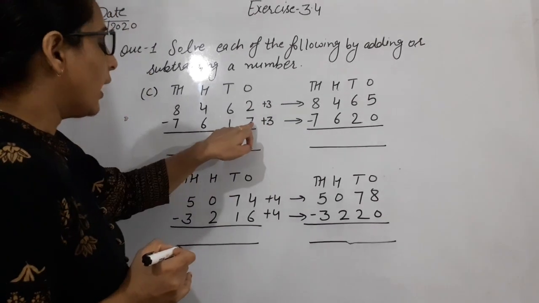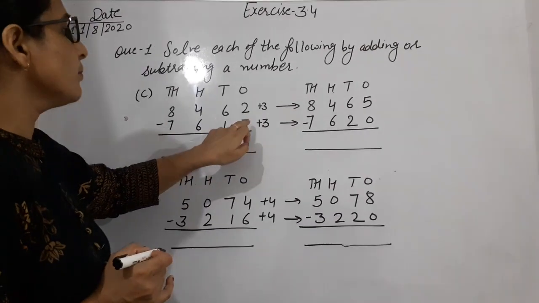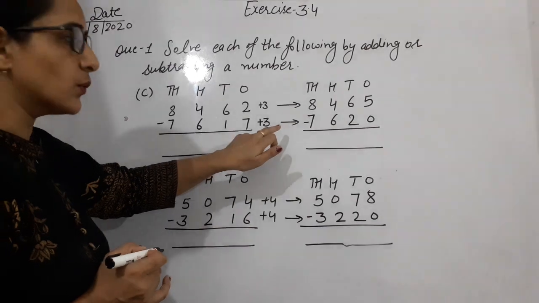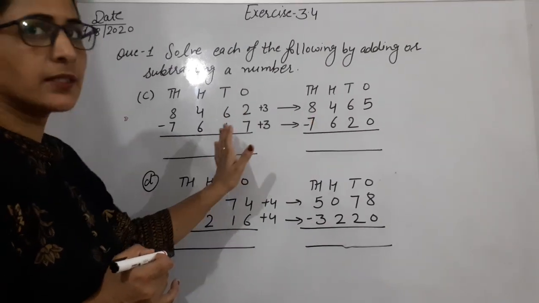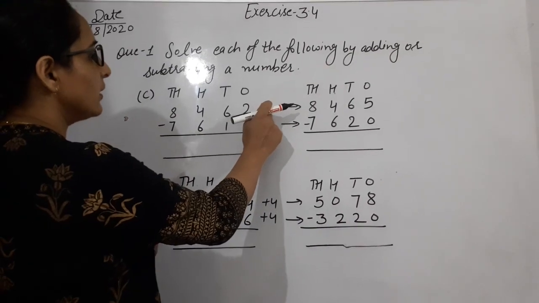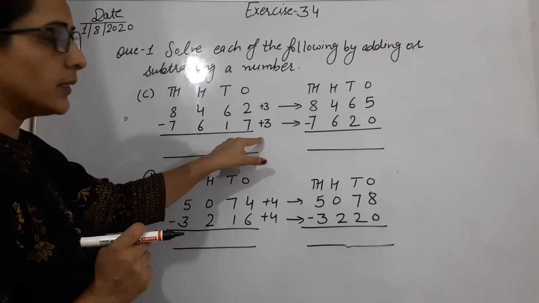Clear? How? 7 plus 3 equal to 10. Otherwise 7 minus 7 equal to 0. We are doing addition. By addition we solve this part. Plus 3 and plus 3. We add 3 to both the numbers.